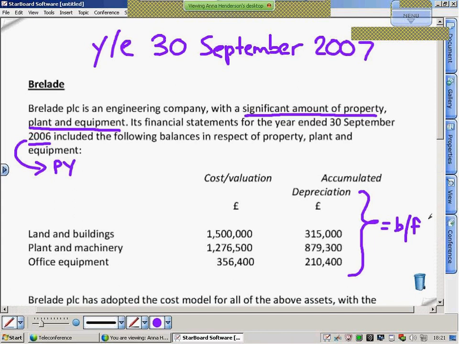So you're paying lots of attention to dates, particularly in a property, plant and equipment question where things like depreciation are a minefield when it comes to dates. We'll be nice and clear about where we're going with the question. So there's our brought forward balances.